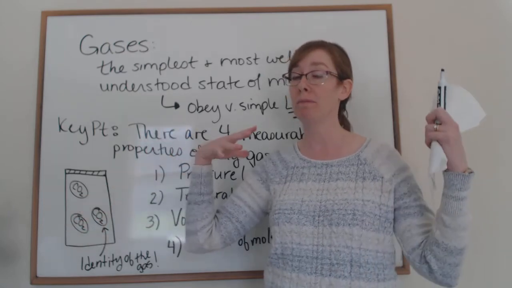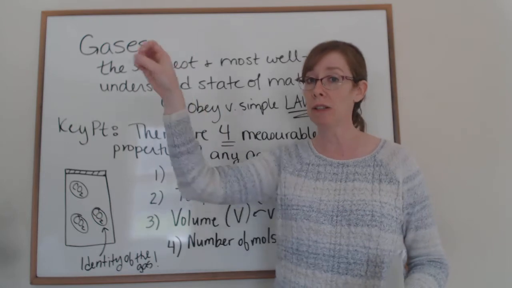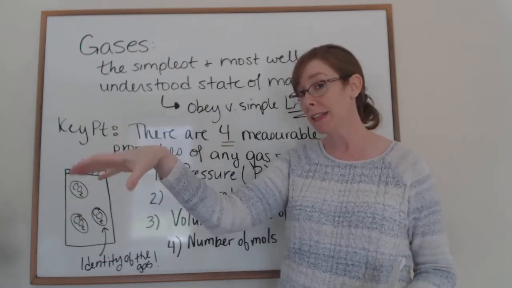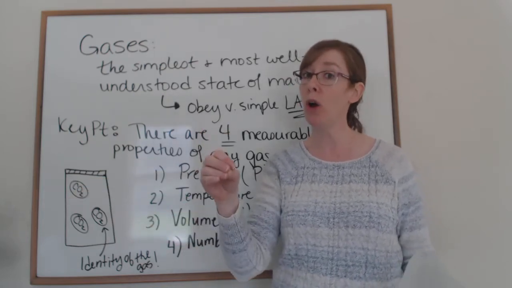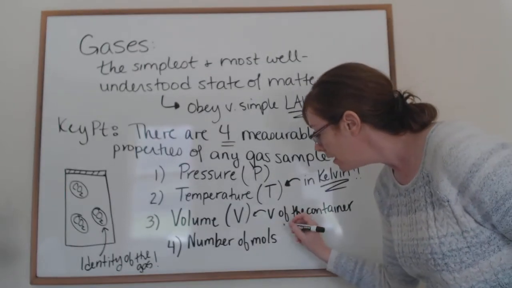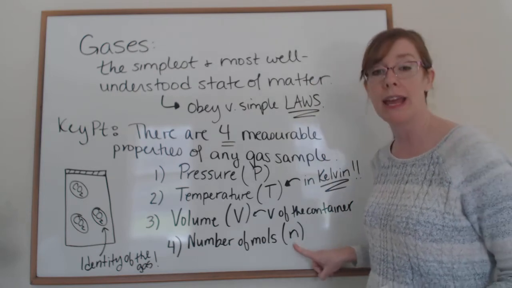There's always bazillions of them. So we count them by moles, chunks, which once again is counting by 6.022 times 10 to the 23rd. If you have 1 mole, that's how many particles you have. If you have half a mole, you have 3.011 times 10 to the 23rd. So that's the idea there. And the letter that we use to talk about number of moles is a lowercase n.